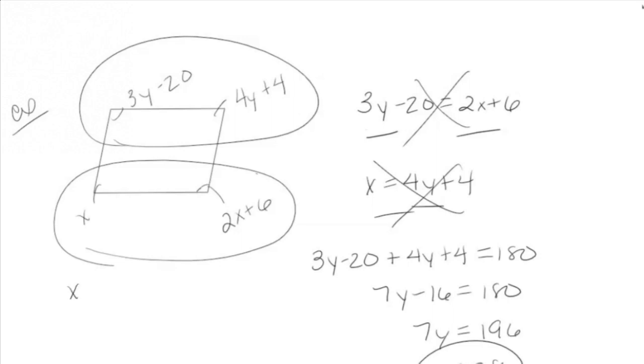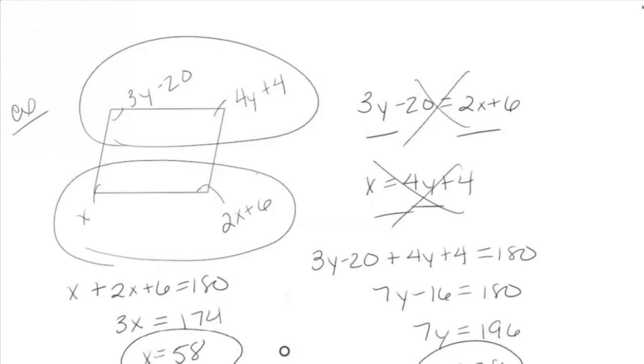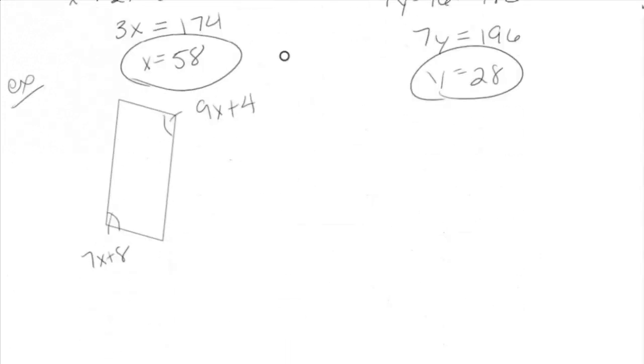Similarly with x, you could set x plus 2x plus 6 equal to 180. 3x is going to equal 174, and 174 divided by 3 is 58. All right. So sometimes you just have to finagle your information a little bit based on what you have.